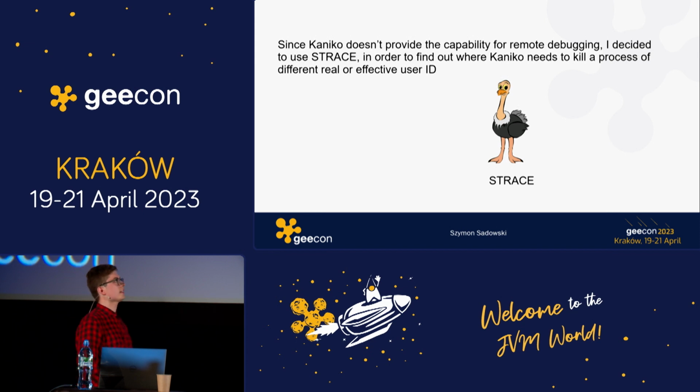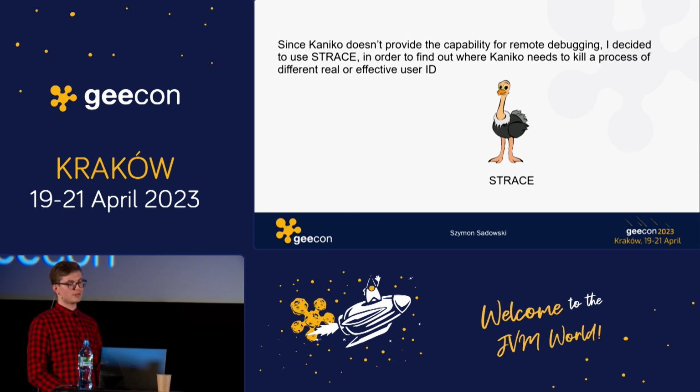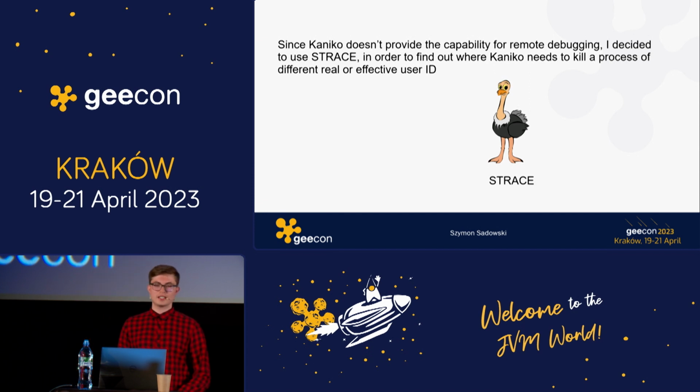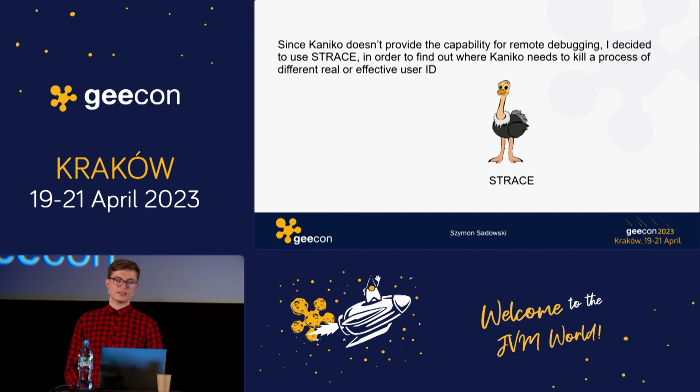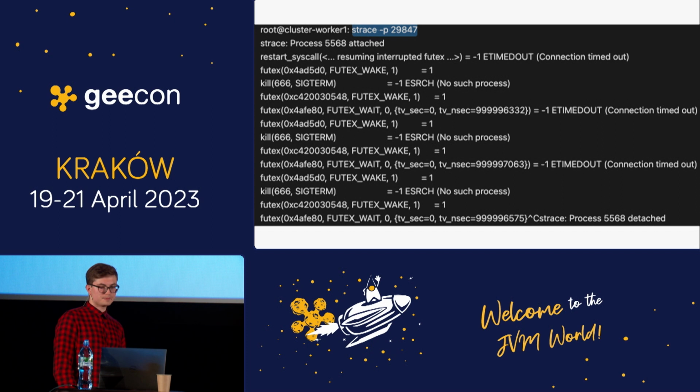We can use strace. It is a really, really big gun for debugging. It's a tool for tracing system calls and signals. So since kill is a signal, we will be able to see what's going on under the hood with strace.